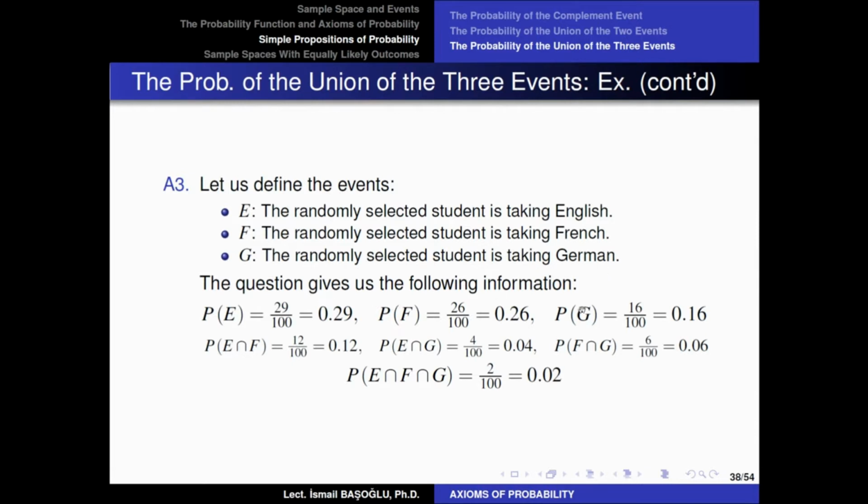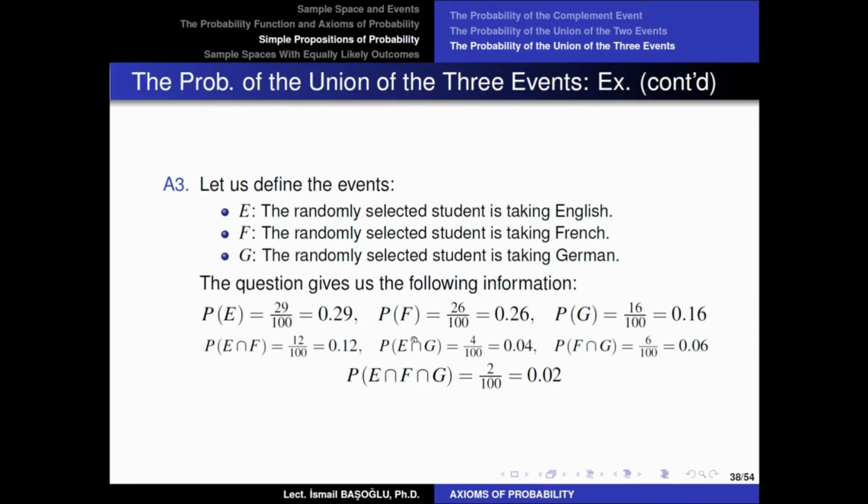According to the question, since 29 out of 100 students are taking English class, and it is equally likely for me to choose any of these 100 students, the probability of event E is 0.29 by assumption.